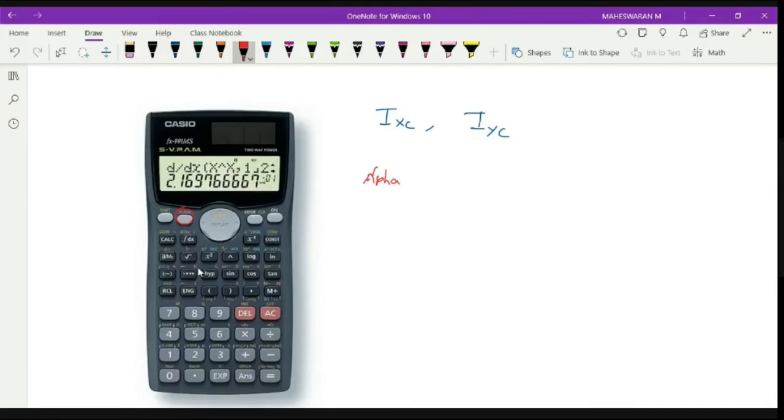So BD cubed by 12. Let me consider the formula as BD cubed by 12. I'm going to use two terms, B and D. Alpha plus B, click this B. You can see B has this dot icon. Alpha B, then into, alpha again.